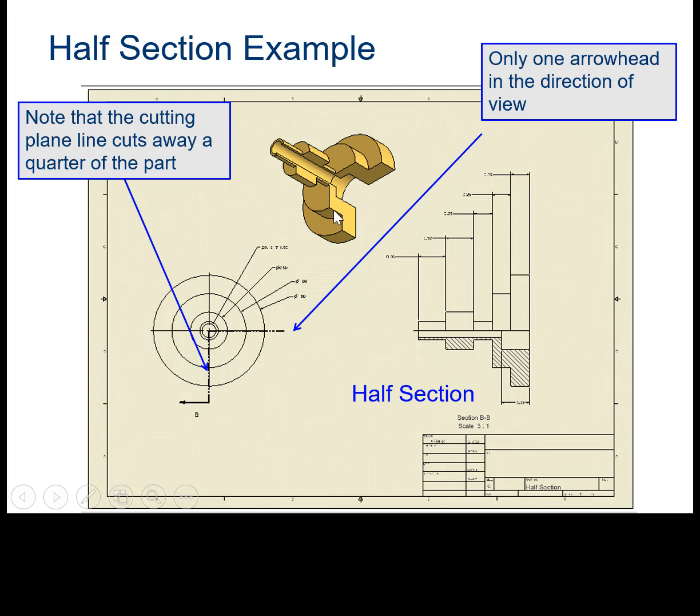It gives you a nice little isometric here, so you can actually see the interior and the exterior at the same time. And then over here we are getting a view of what is on the left side of this dotted line from a different view. You can see again the hash marks are showing you that it has been cut away.